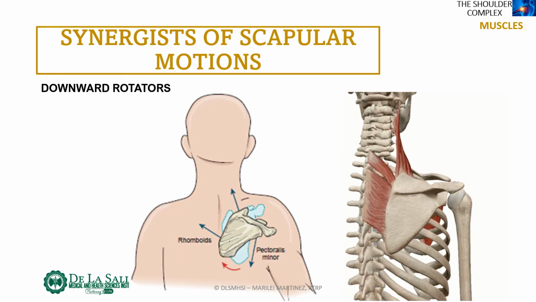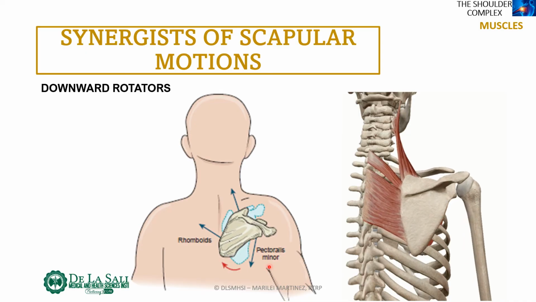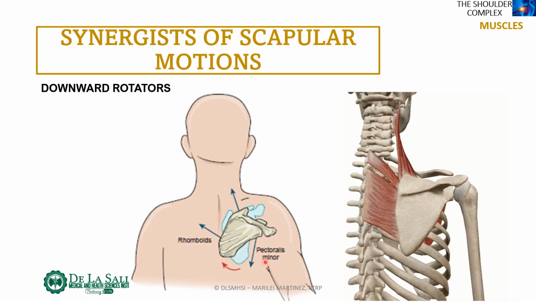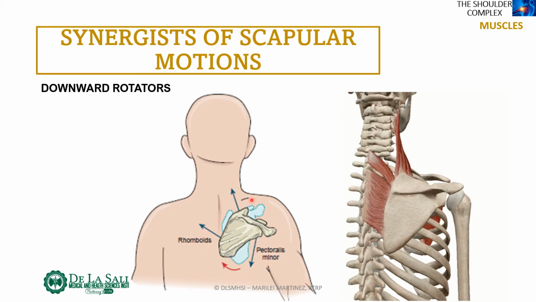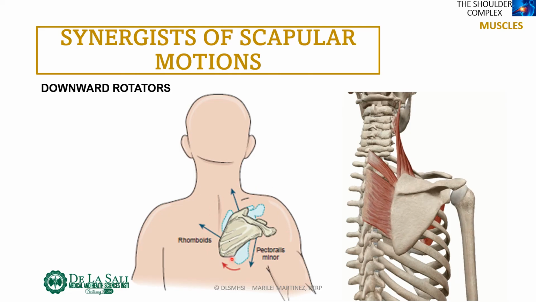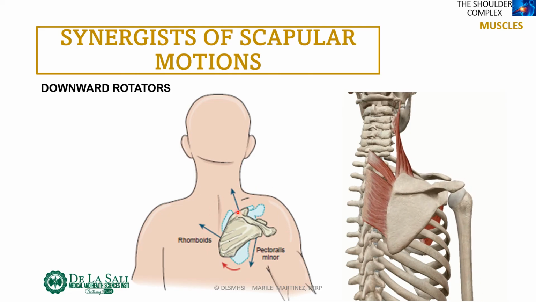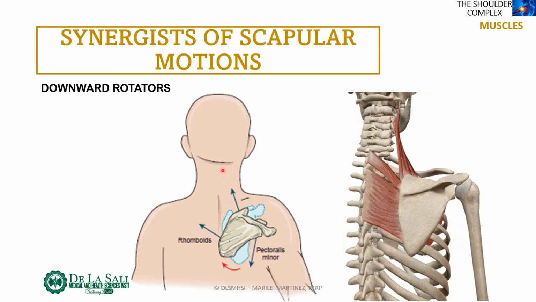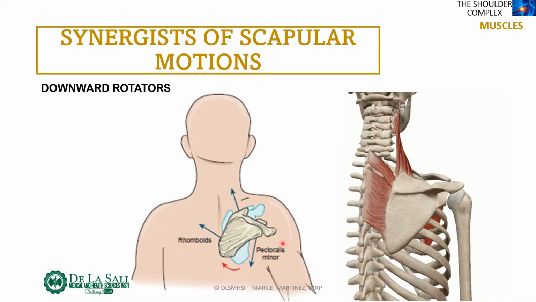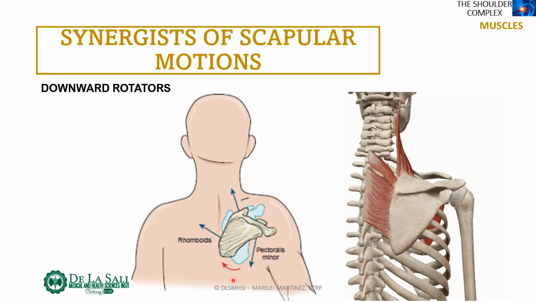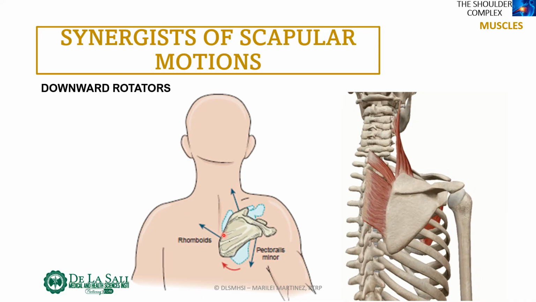For the downward rotators, they also form a force couple, just like the upward rotators, in order to downwardly rotate the scapulothoracic joint. So we have your levator scapulae here with an upward and medial linear force, the pectoralis minor with a downward and medial force, and the rhomboids with a slightly upward and medial force.